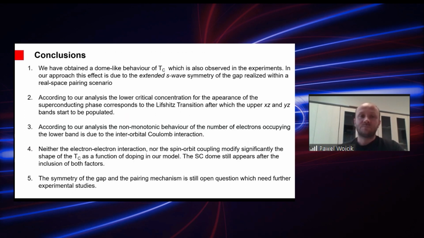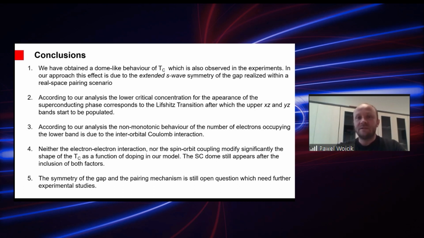Okay? So, summing up my presentation, we have obtained a dome-like behavior of Tc, which is also observed in the experiment, and we explained that this characteristic shape can be induced by the extended S-wave symmetry of the gap realized in the system.